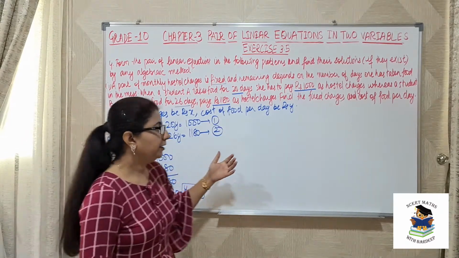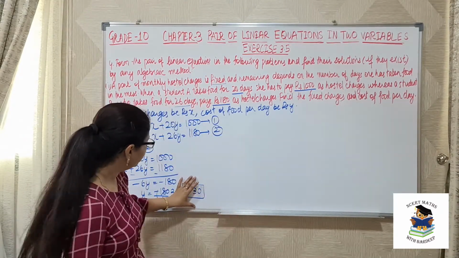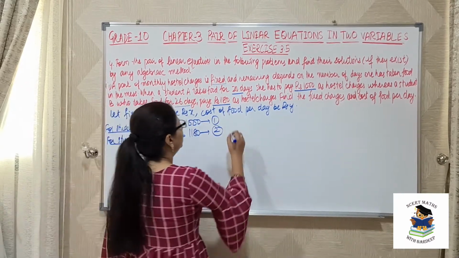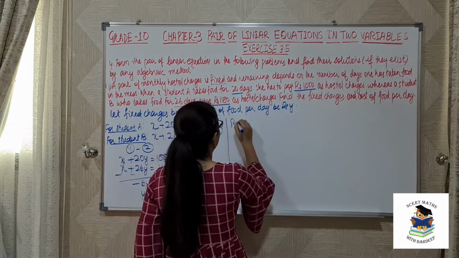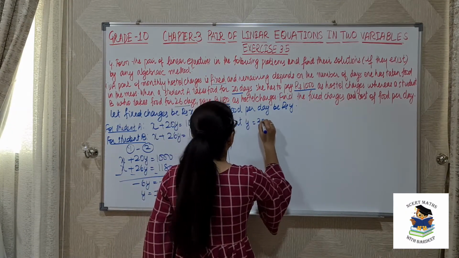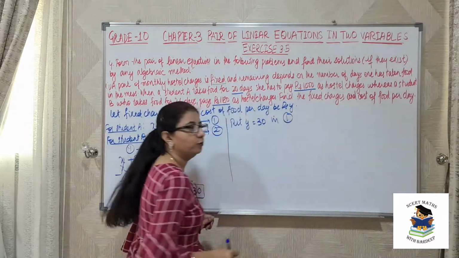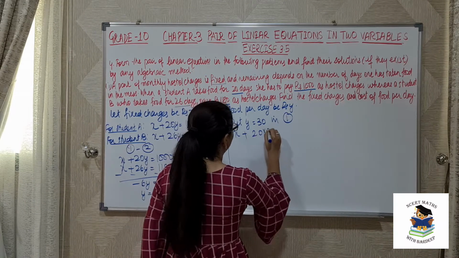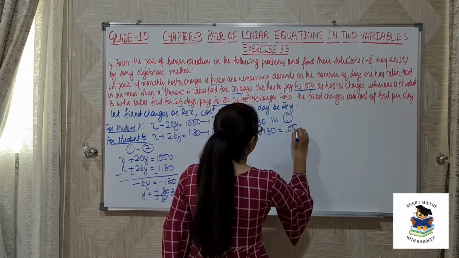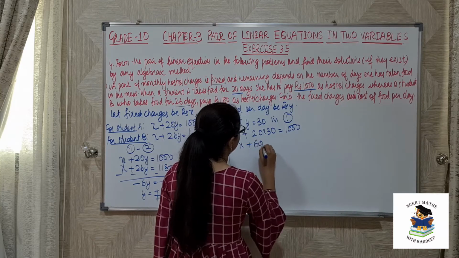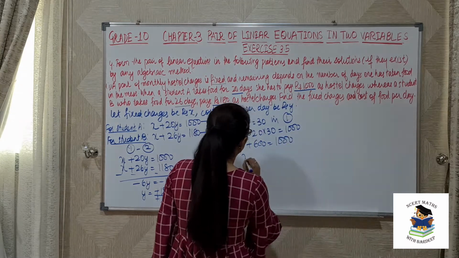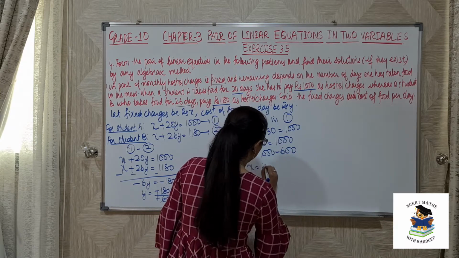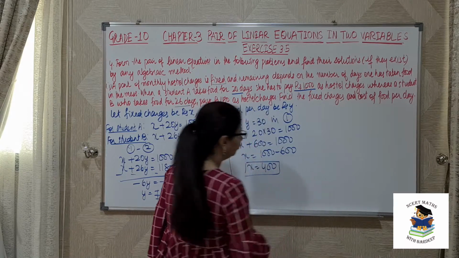So now we can mix one and more methods. So I'll use this value to substitute in any one equation to find the value of X. So we will write, put Y equals to 30 in 1. So this is X plus 20 times Y equals to 1000. So X plus 600 equals to 1000. So what is X then? 1000 minus 600. So value of X is 400.